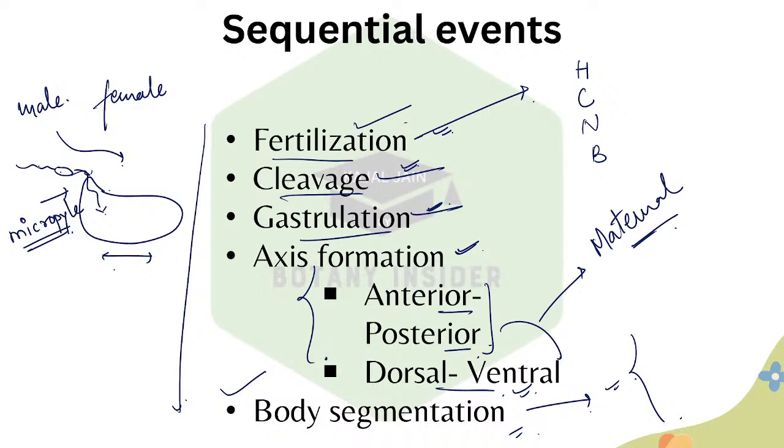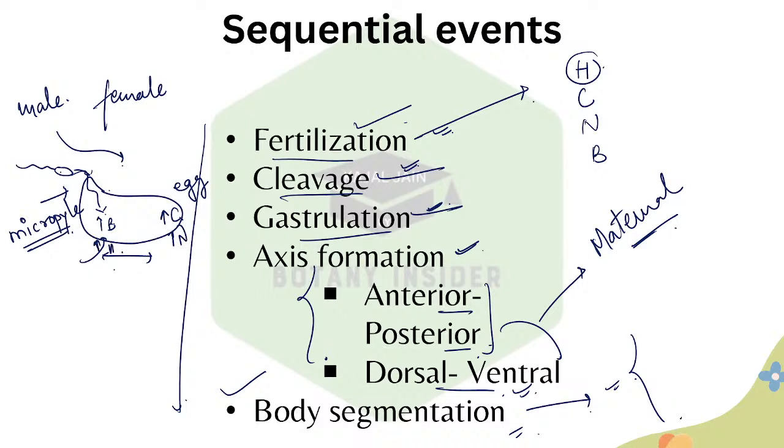But as the sperm enters the egg from the micropyle portion and fertilizes it, there is an increase in the concentration of bicoid on the anterior side, and on the posterior side there is a higher concentration of caudal and nanos.